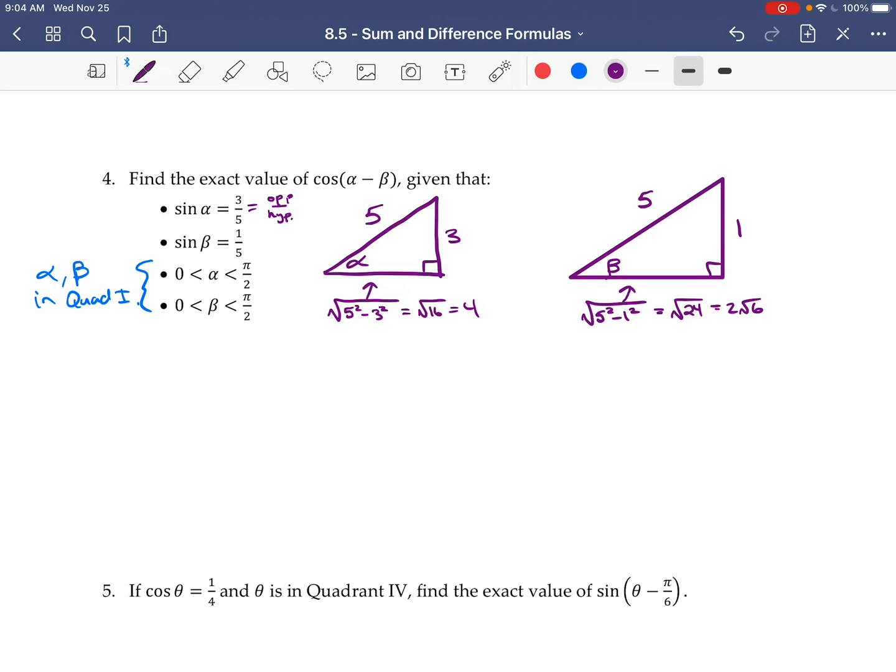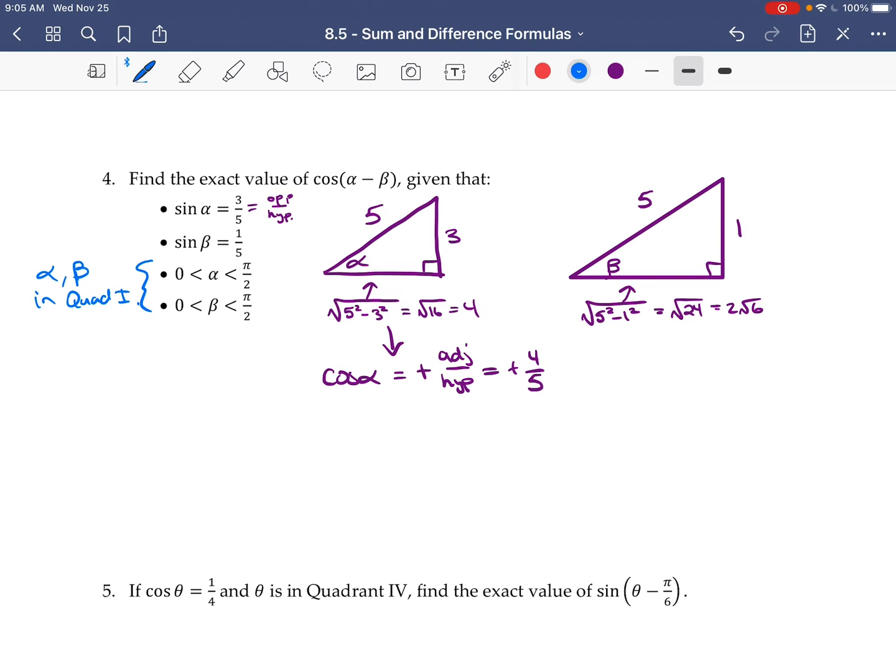So from these, actually, let's do these separately. From this triangle, I know cosine alpha. It's going to be positive because we're in quadrant 1, and it's the adjacent over the hypotenuse. So it's going to be positive 4 over 5.